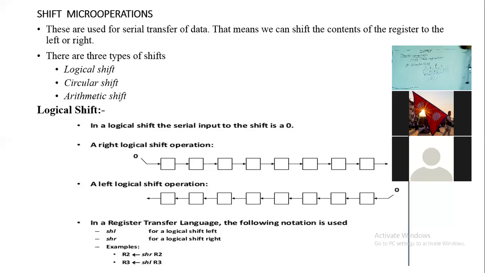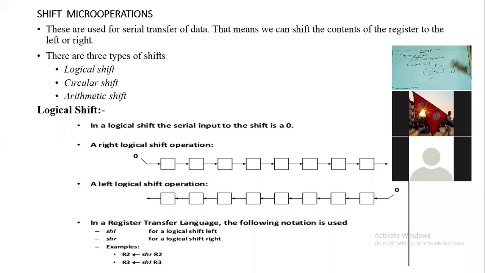In this way, you can perform circular shift. And how do you represent circular shift? The symbol for representing the circular shift operation is CIR, which is circular shift right, and CIL, that is circular shift left.